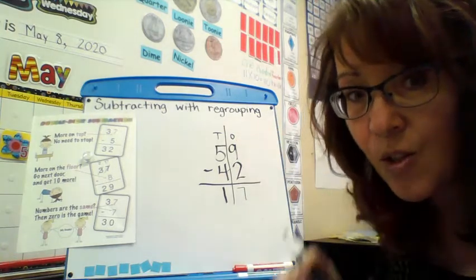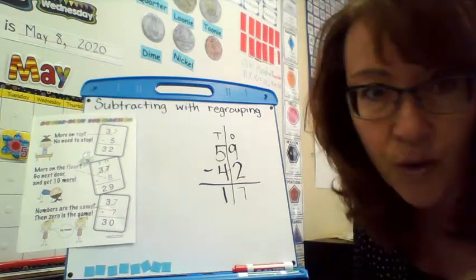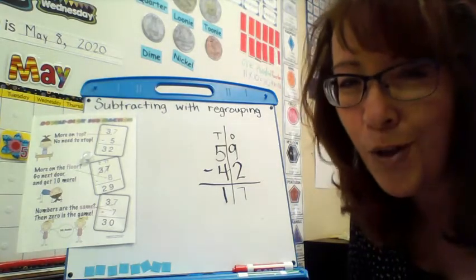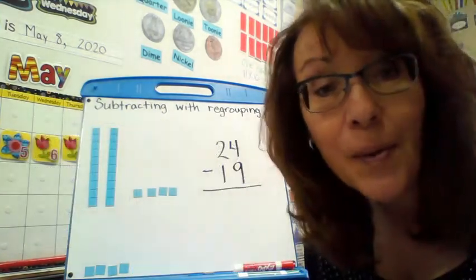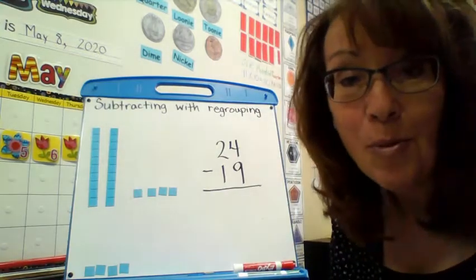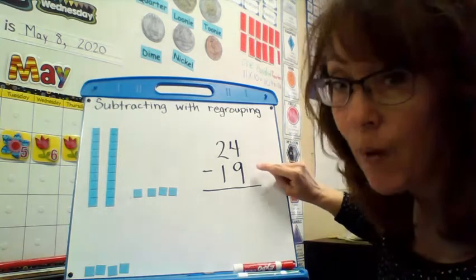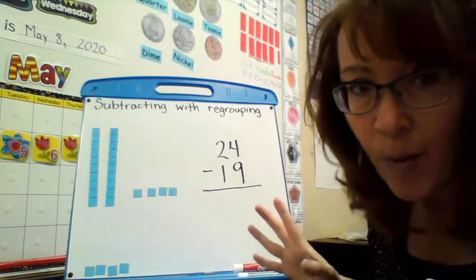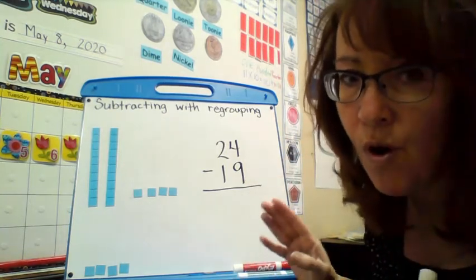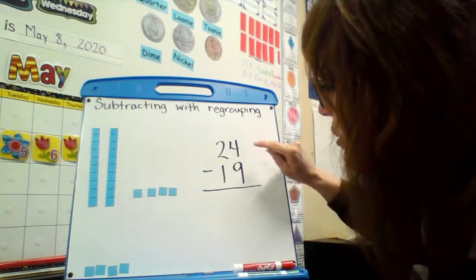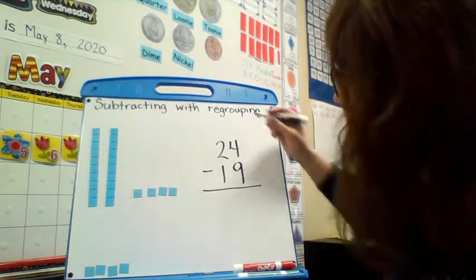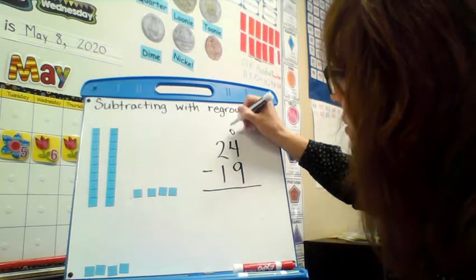But we're going to start doing questions today that don't have more on top, and I'm going to show you how to do that. Okay, here we go. I have my question on the board. Today I have 24, take away 19. Now I know my little poem, it says, more on top, no need to stop. So let's first find our ones place and our tens place.